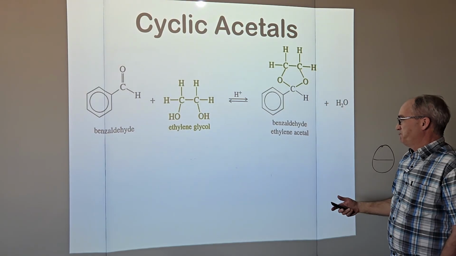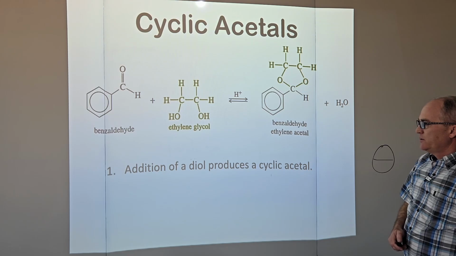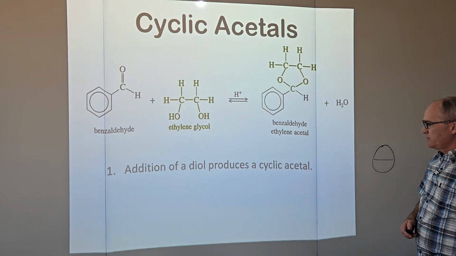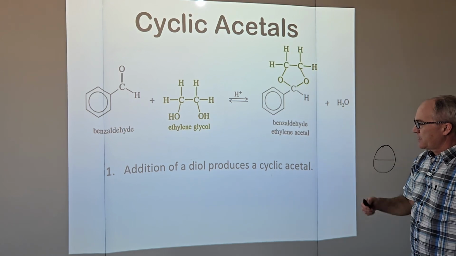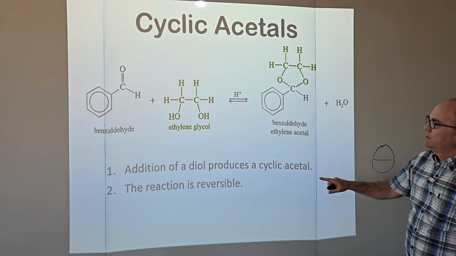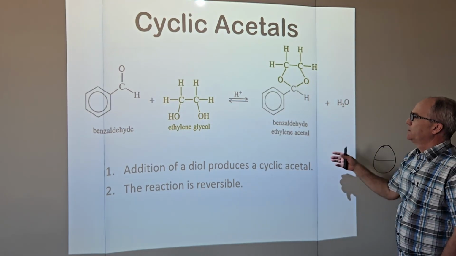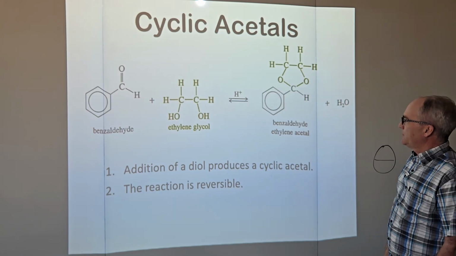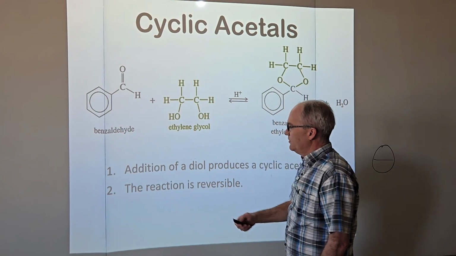And this is a benzaldehyde ethylene acetal. So the addition of a diol produces a cyclic acetal. There's a cyclic acetal. And this reaction is somewhat reversible. We see the equilibrium arrows, so with Le Chatelier's principle, we can make the acetal, and then we can go back to our aldehyde if need be.